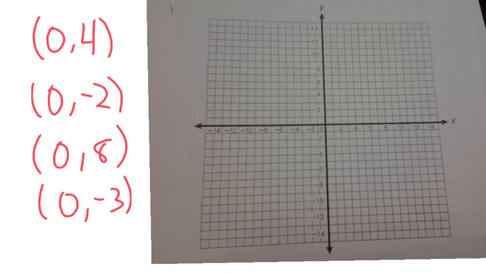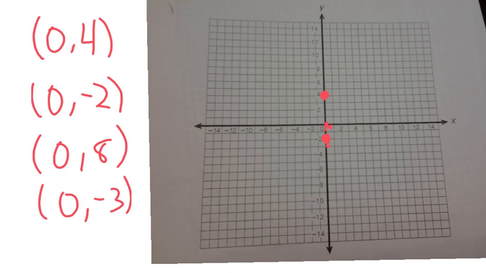Now, some of you are already thinking, okay, then that must mean if the 0 is in the x spot, it's on the y-axis. It's kind of like reversed. That's right. So 0, 4 means you start here, you don't go anywhere, but you go up 4. So there's 0, 4. And 0, negative 2, you start at 0 and you go to negative 2.